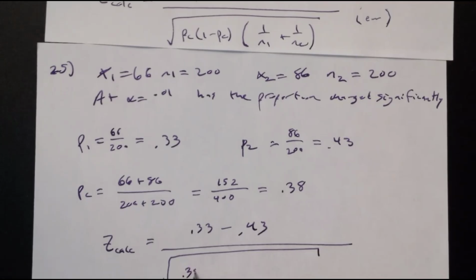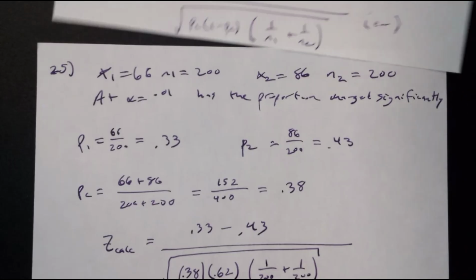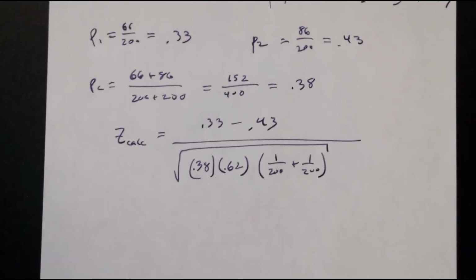PC, 0.38, 1 minus 0.38. 38 from 100 is 62. And then 1 over 200 plus 1 over 200. Okay. I need a value. Out come the calculators.